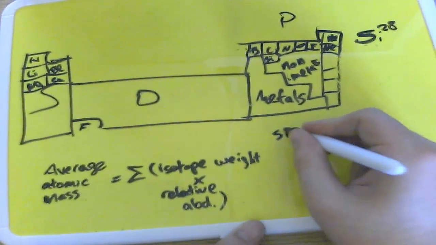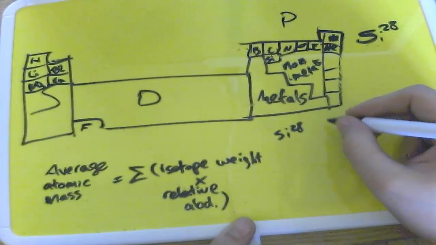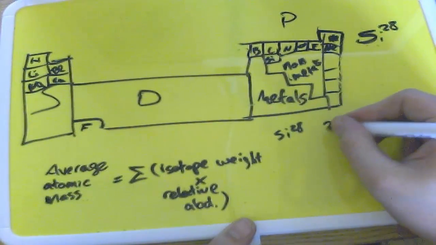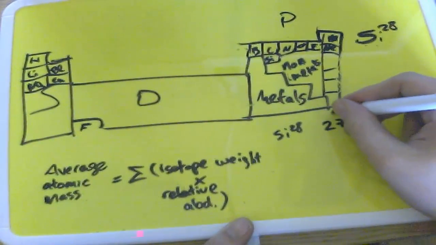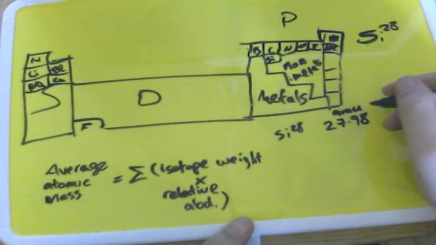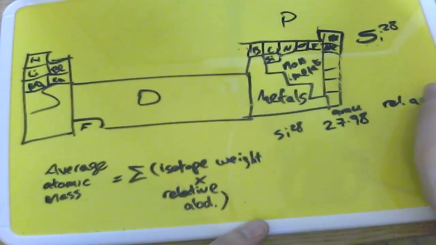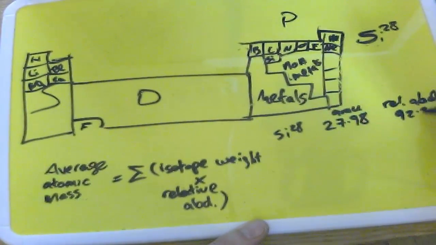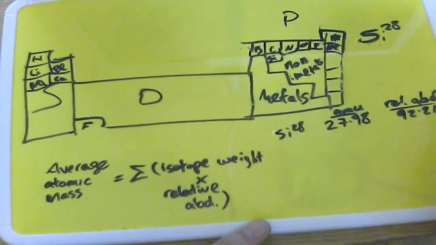Isotope silicon 28 has an isotope mass of 27.98 AMUs, atomic mass units, and the relative abundance, RelABD, is 92.21%. Okay, so underline these, the headings.